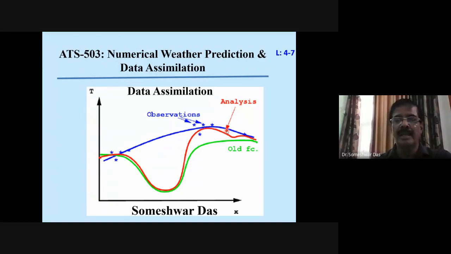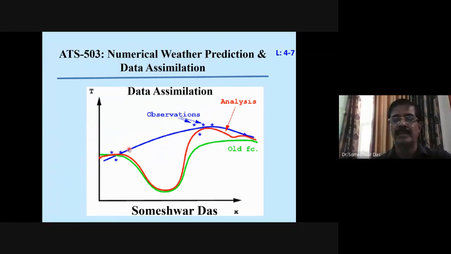Why so? You notice two important things in this diagram. This red line is closest to the blue line in this part and in this part, but in this part it is away from the blue line. Why is it like that? Because wherever there are observations, like you have got a set of observations in this area and a set of observations also available in that area, your red line is closest to the blue line, like over the lands.